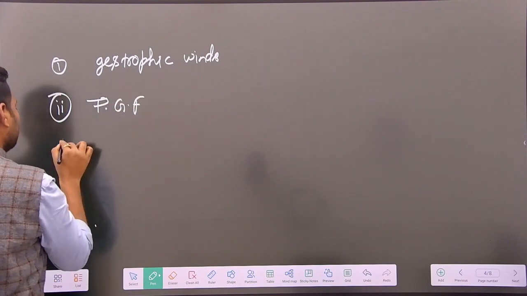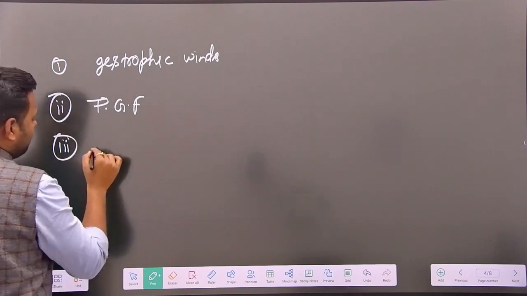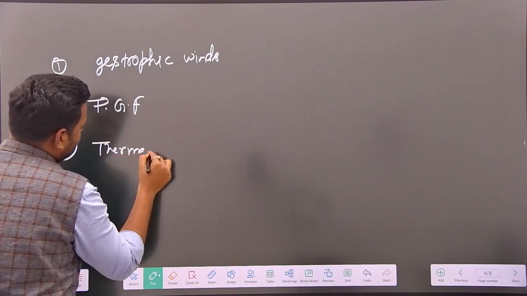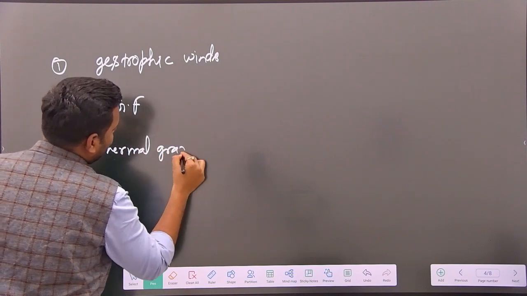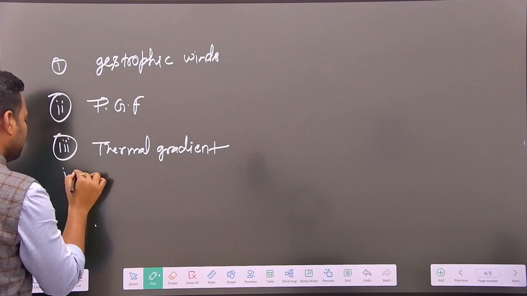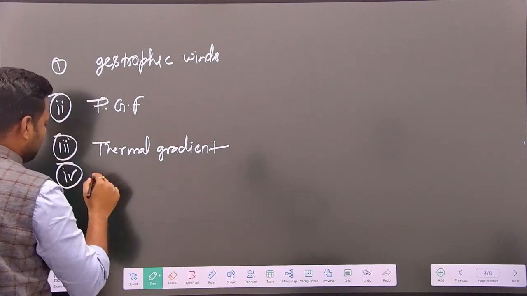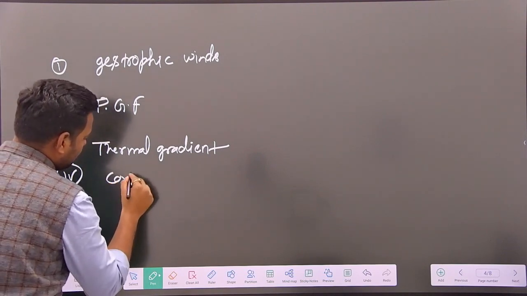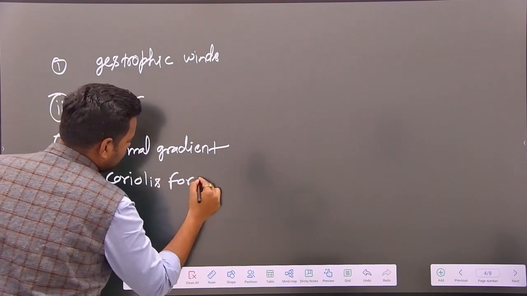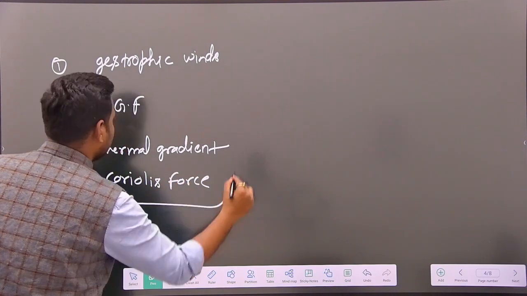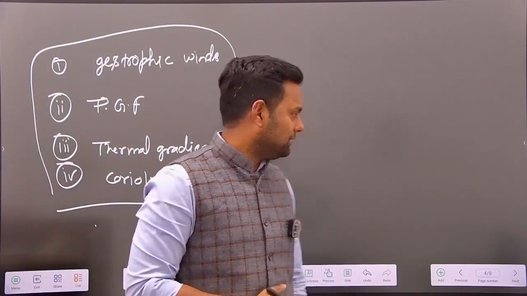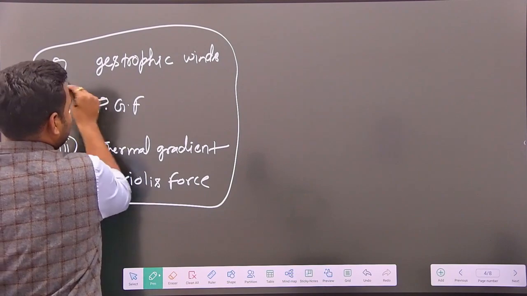The third concept we need to understand is thermal gradient. And the fourth concept is Coriolis force. These are the four things we need before we start the lecture. So one by one we will discuss each.